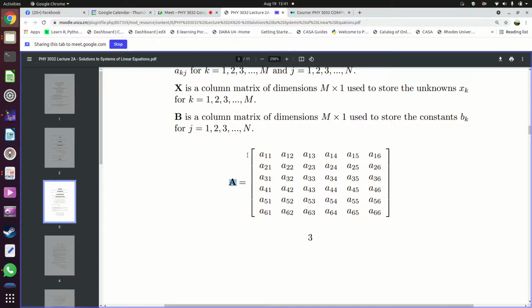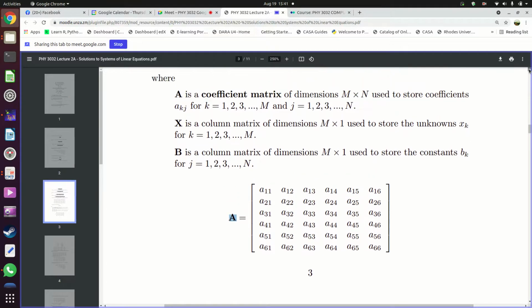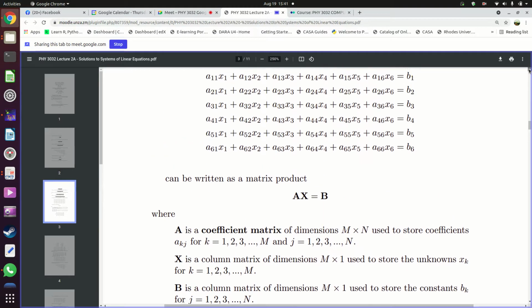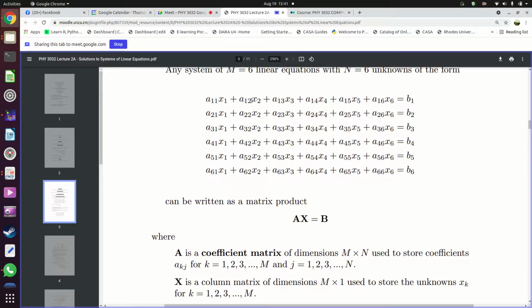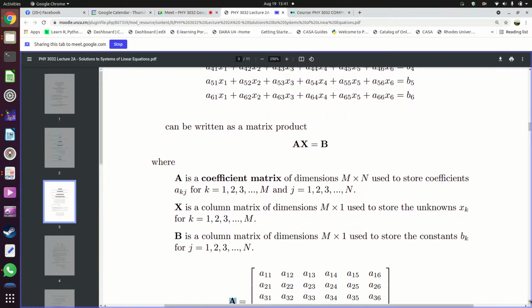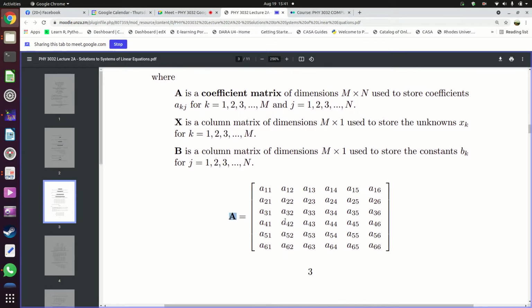So these are all the coefficients. We have collected all of them, all the coefficients on the left hand side of the equal signs, and depending on their positions, we put them in this matrix.